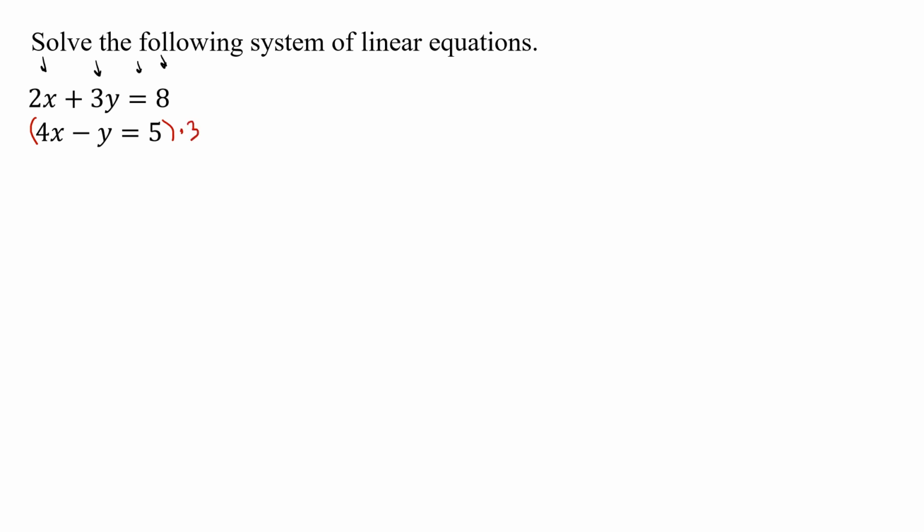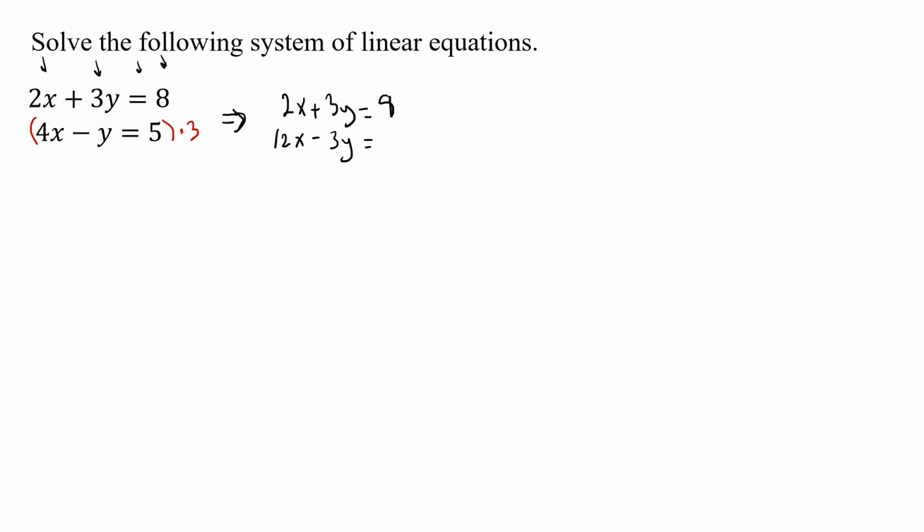I'm going to rewrite the system to see my results. Since I'm not changing the top equation, we are going to leave it be. The bottom equation, we're going to multiply everything by 3. So 4x times 3 is 12x. Negative y times 3 is -3y.